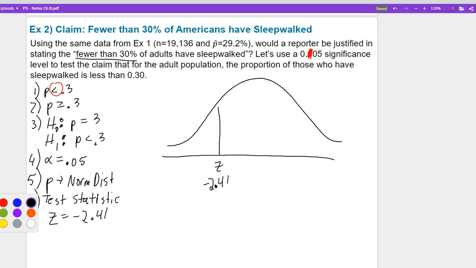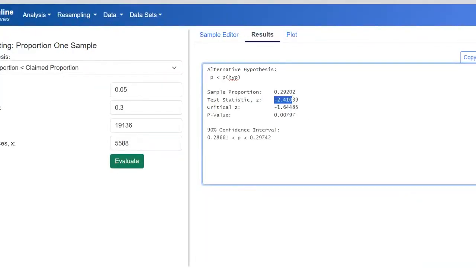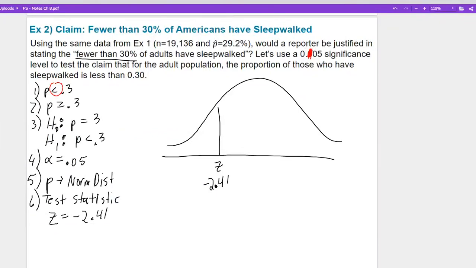That's our test statistic. And so we need to find the area, but the area that goes with it is the p-value. P-value is right here, 0.008, I guess, 0.008. I think the p-value method is a little easier than the critical value method.